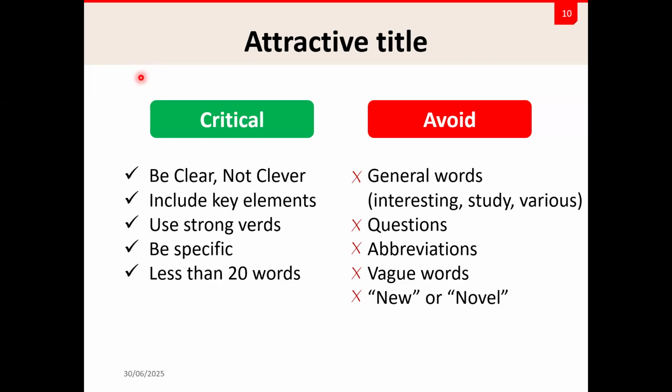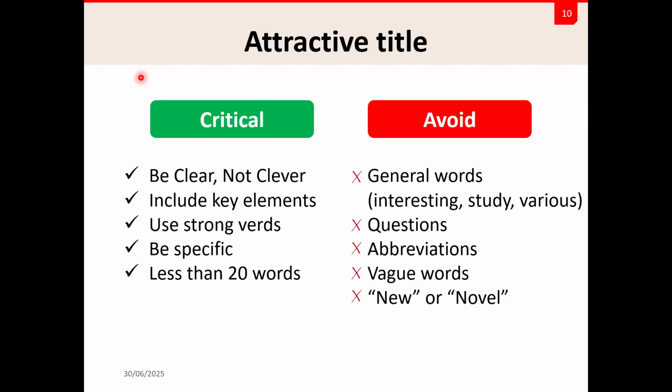No one will care, oh, this person is very clever. You just need to write simple, clear sentences. And then include key elements, use strong words, and be very specific. And try to write the title within 20 words.